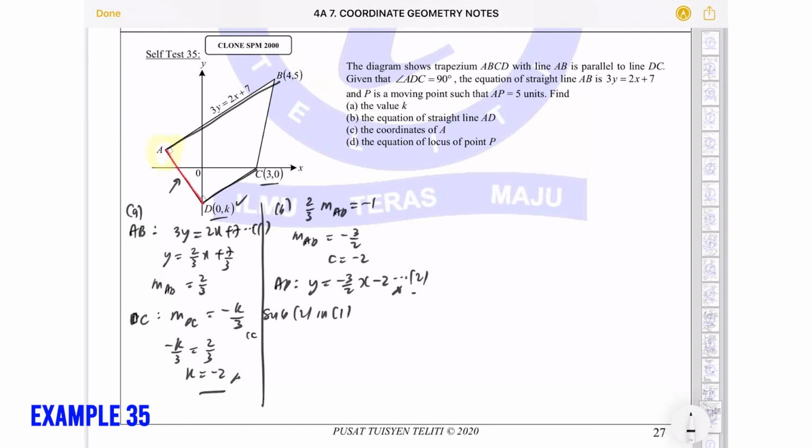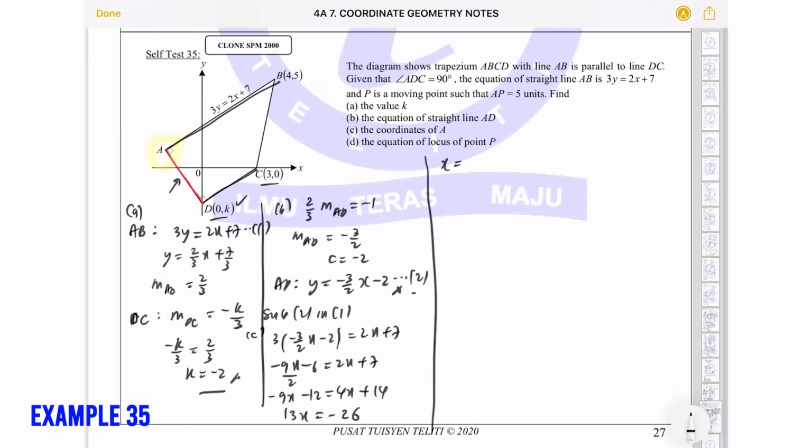So this is part C. When I substitute 2 inside, this is 3 times (negative 3 over 2 x minus 2) equals 2x plus 7. I multiply first. A lot of people don't like fractions, so I just multiply everybody by 2. That's what I got. Bring over, 13x is negative 26.